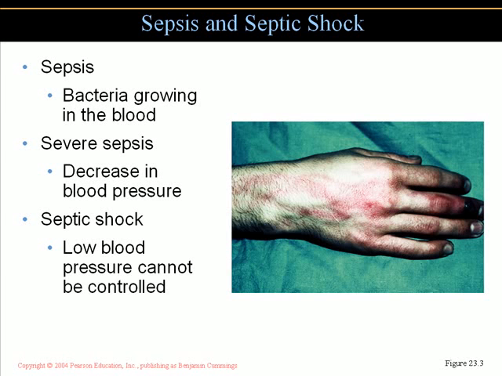Because if you don't get the pressure up, you won't get blood supply to the kidneys and to the brain. The person may require vasopressors, medicines that try to constrict these blood vessels, may require antipyretic medications, medicines to fight fever, and so a combination of aggressive therapies. The patient may even require advanced life support, cardiac life support from septic shock.